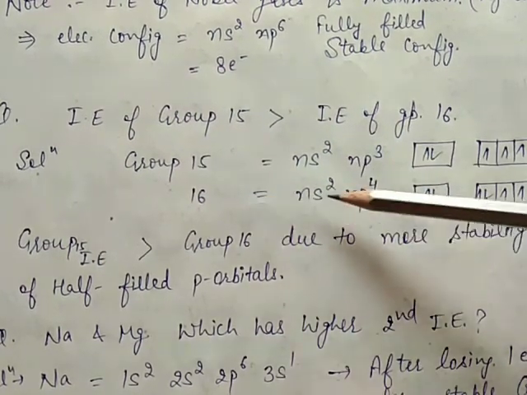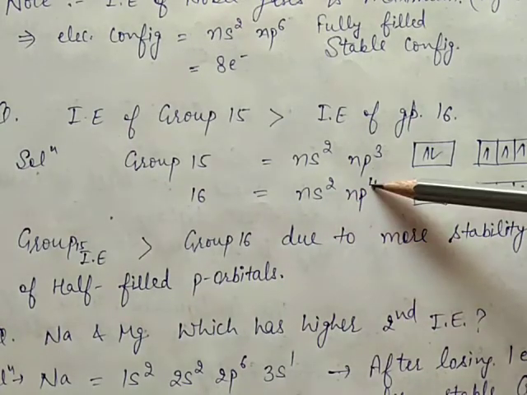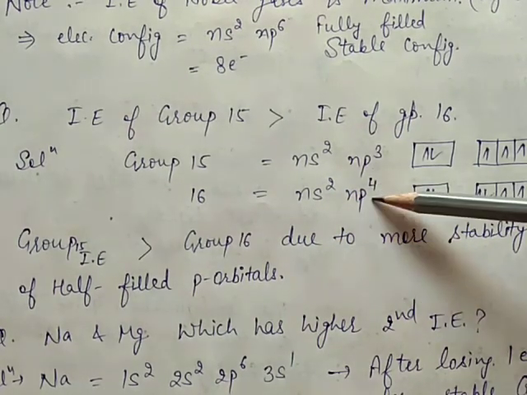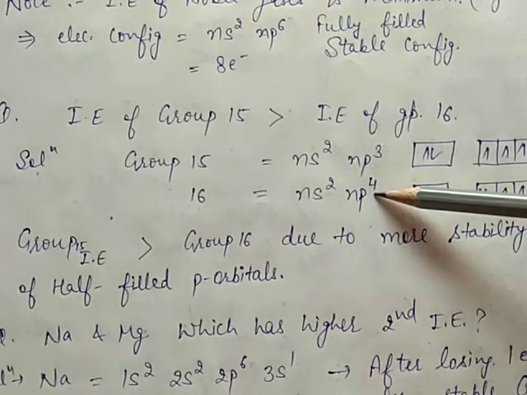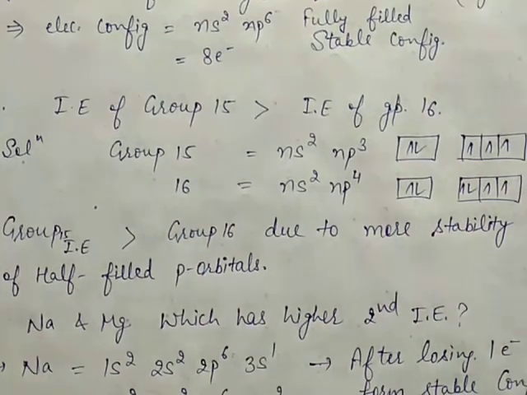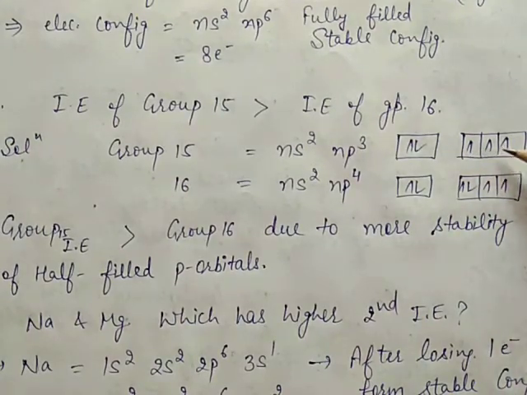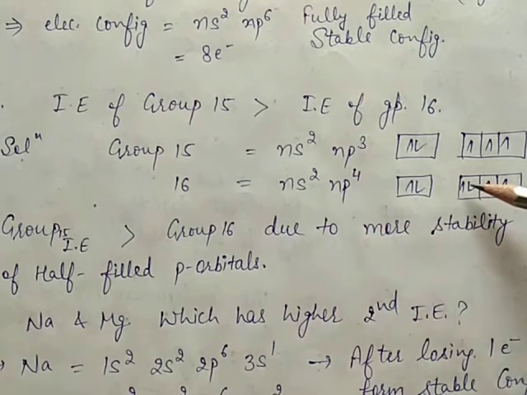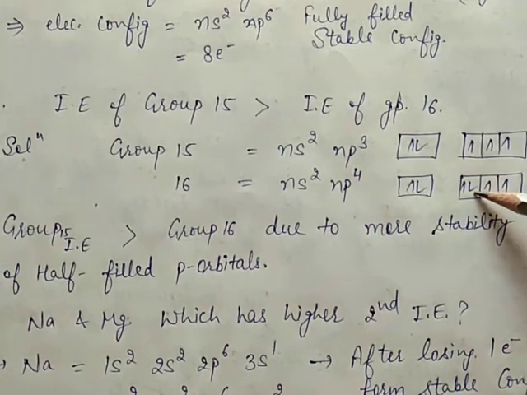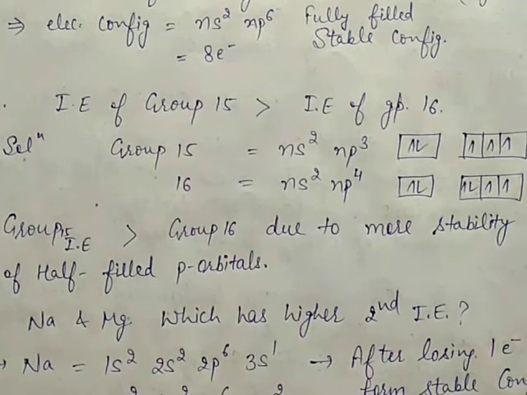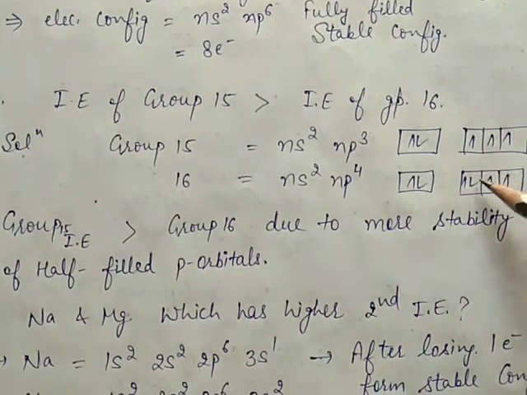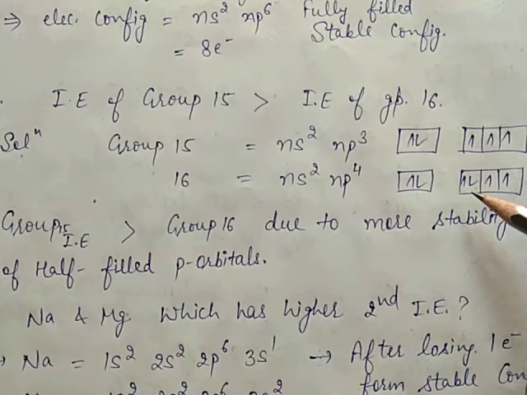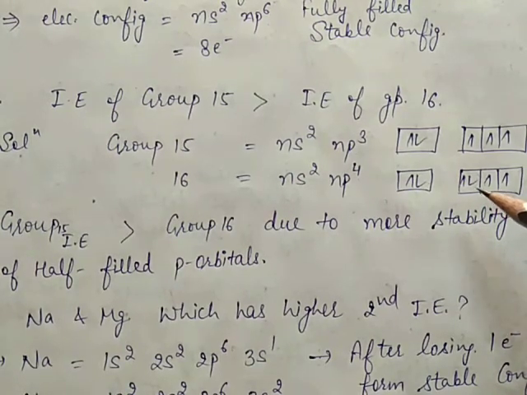But in a group 16 element, the configuration is ns2np4. This is not exactly half-filled, nor exactly fully filled. According to Hund's rule, we can fill it in this manner. Here 2 electrons are present in the same np orbital, so the electron repulsion increases.